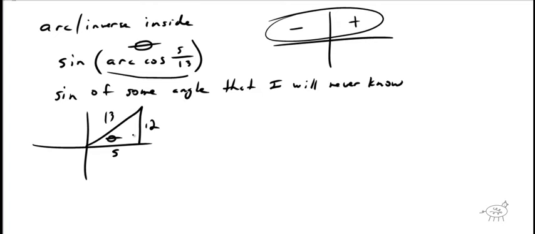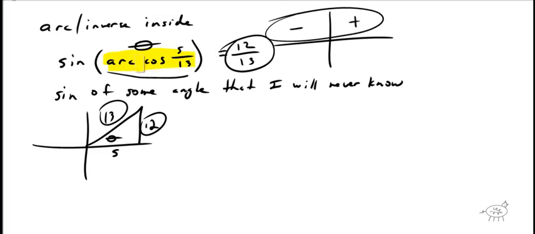Sine of theta is y over r. So the answer to this problem is 12 over 13. That's how you do that problem. But notice when I said again that the arc is on the inside, we're going to cover the second case where the arc is on the outside, but now the inverse trig function is on the inside, so it's a sine of some angle. All right, so let's try another one here.